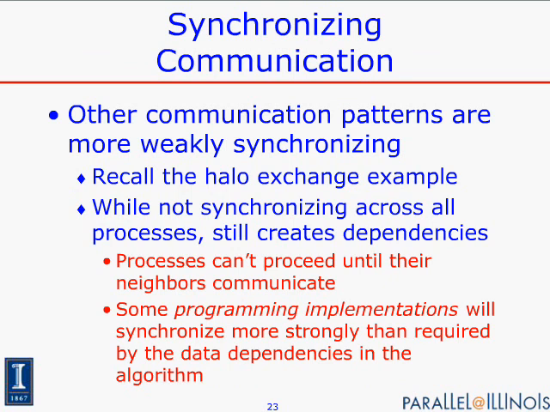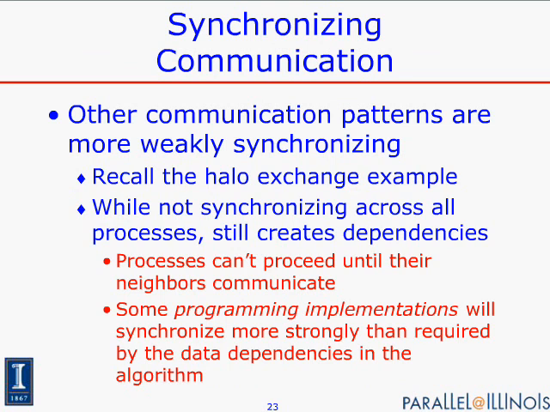So for example, I mentioned using MPI put and MPI fence for this halo exchange. That's a way where each process directly writes the data that its neighbors need, but the MPI fence makes sure that those have all completed, and it makes sure that they've all completed across all of the processes, not just the neighbors. And so that style would change a weakly synchronizing step into a strongly synchronizing step.